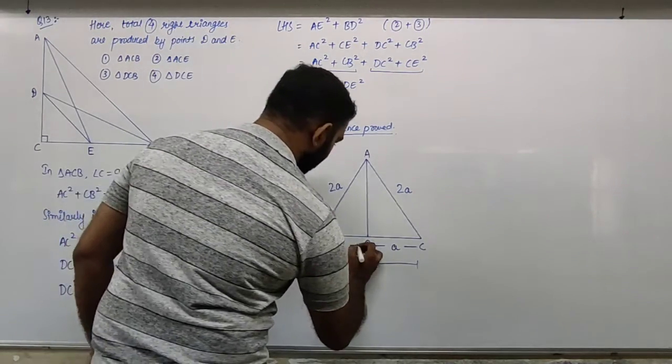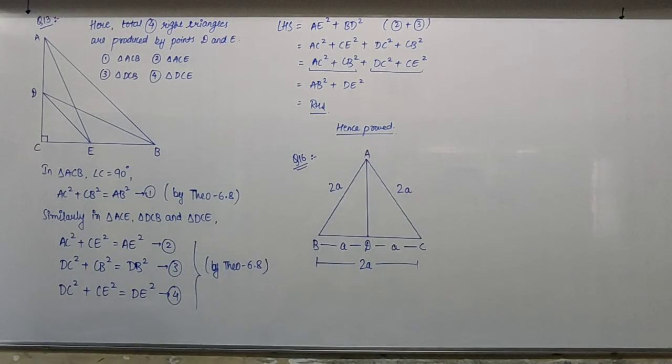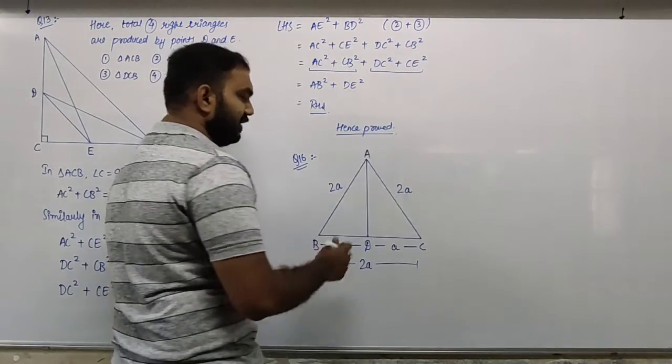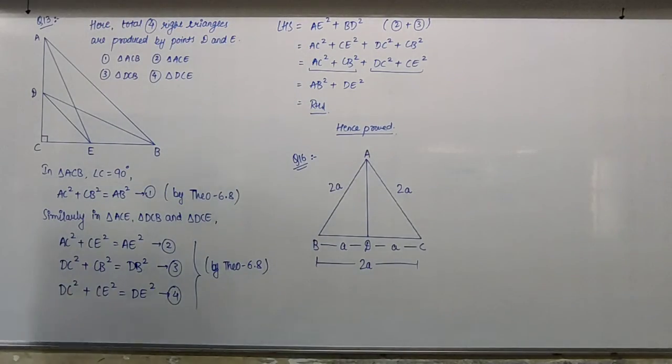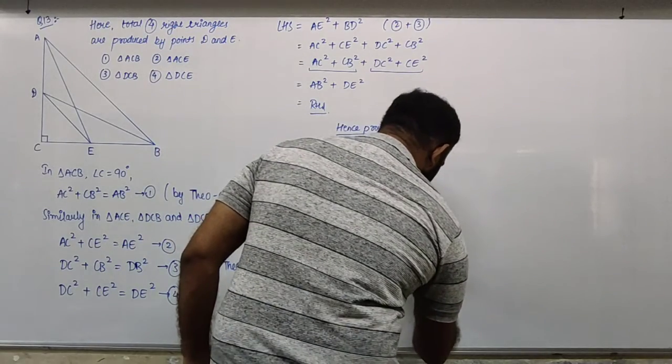Now we need to prove that 3 times the square of one side, any one side, since all sides are equal here, so you take AB, BC or AC, whichever, it makes no difference, equals 4 times the square of its altitude. Right?